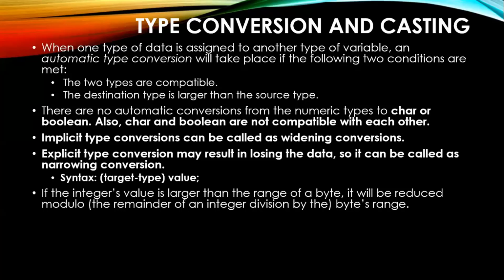If the integer's value is larger than the range of a byte, it will be reduced to the modulo, that is, the remainder of an integer division by that range. So if you cross the range of a byte, the answer will be the modulus operation performed on that range.